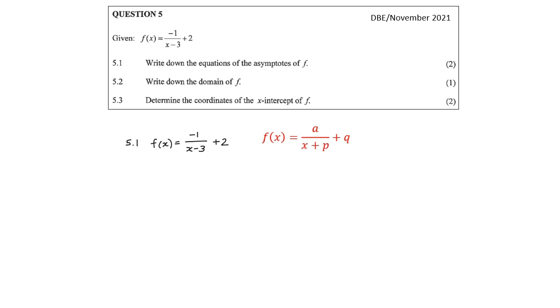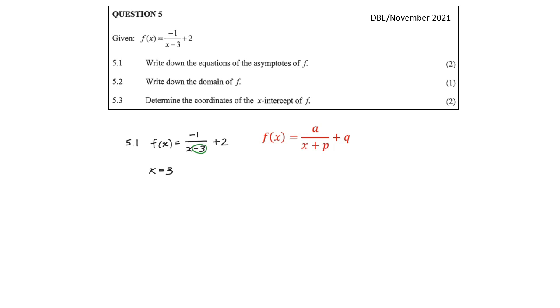So if we look at this function, p's value is negative 3, so the vertical asymptote's equation will be x equals positive 3. The reason for that is that this function will be undefined if x minus 3 equals 0. And if you take x minus 3 and you solve the equation, it gives you x equals positive 3.